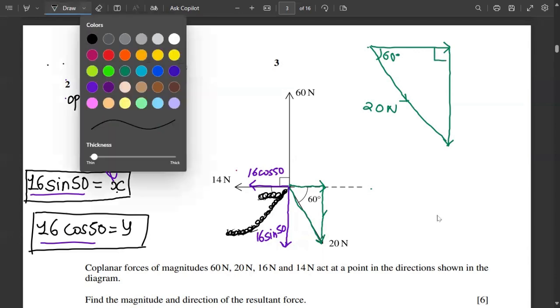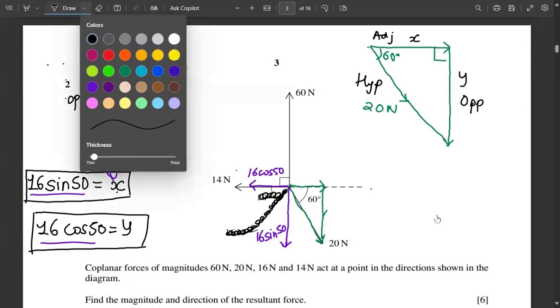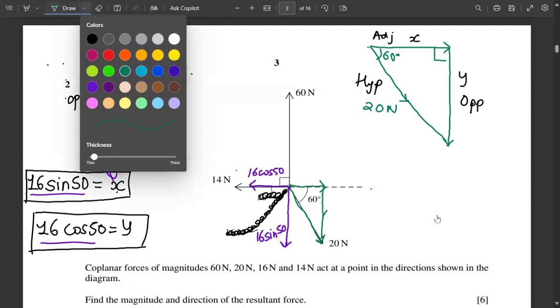Let this be X and this be Y. So now this side will be opposite, this will be adjacent and this will be hypotenuse. Now let me erase the arrows. Now let's find X and Y.